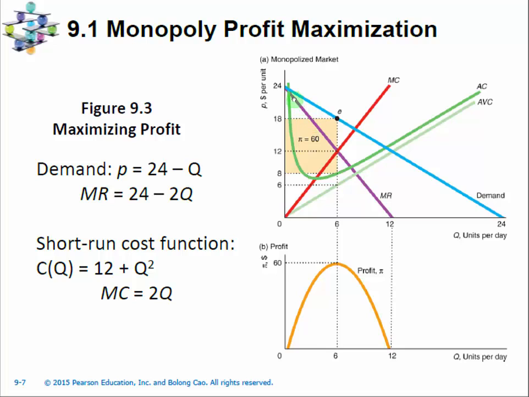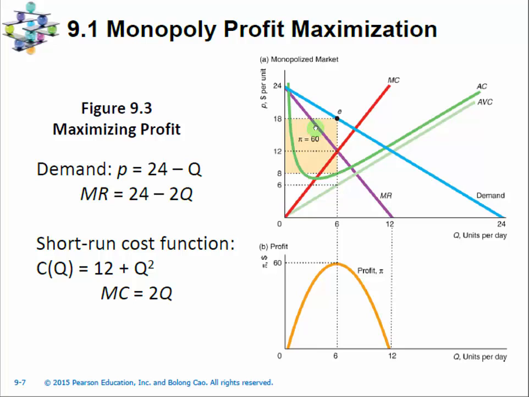The only difference is that for the monopolist, the marginal revenue curve is downward sloping. So instead of the flat curve, this marginal revenue curve slopes downward, and still the profit is maximized where it meets the marginal cost curve.